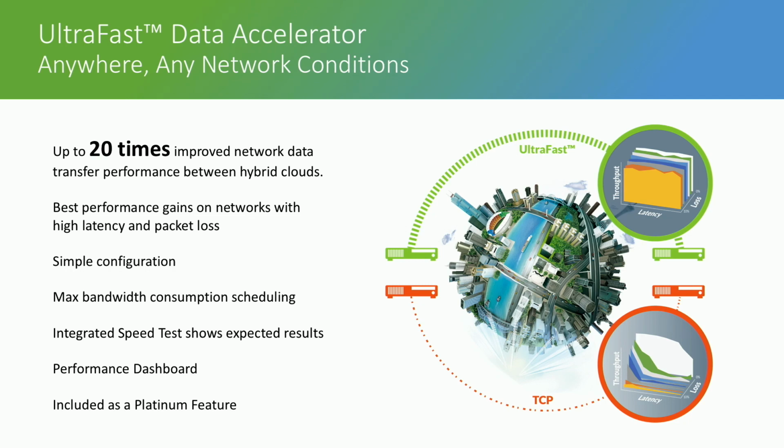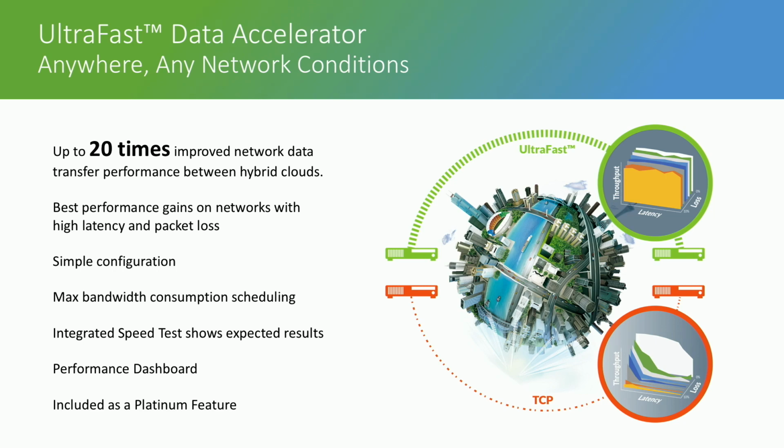We've seen up to 60x with our emulators, but we don't think anybody would ever use a network that bad that will return that 60 times performance. So in general, if you're thinking of a really dirty, like satellite network oil rig back into Houston, Texas, where it's just really dirty, you can get up to 20x the return across the UltraFast.